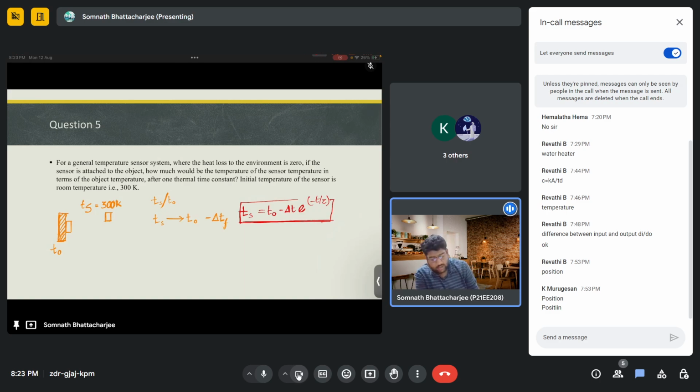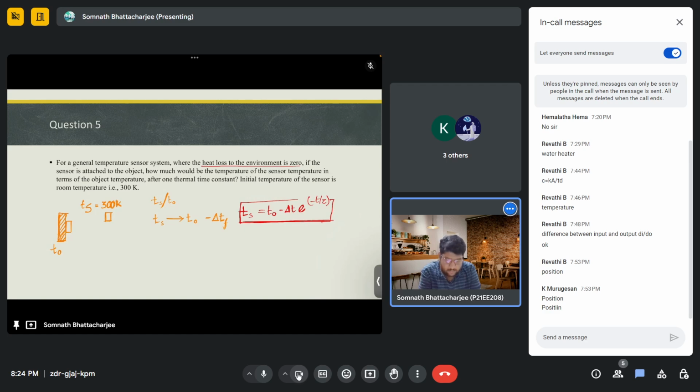There are several key points in the question as well. It's already saying that heat loss in the environment is zero. What does that mean?